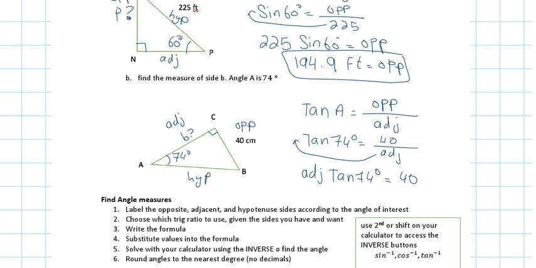Now, to isolate for the adjacent, I can divide by tan 74. So it's two-step here. Okay? Bring the adjacent over first, then divide by tan 74.